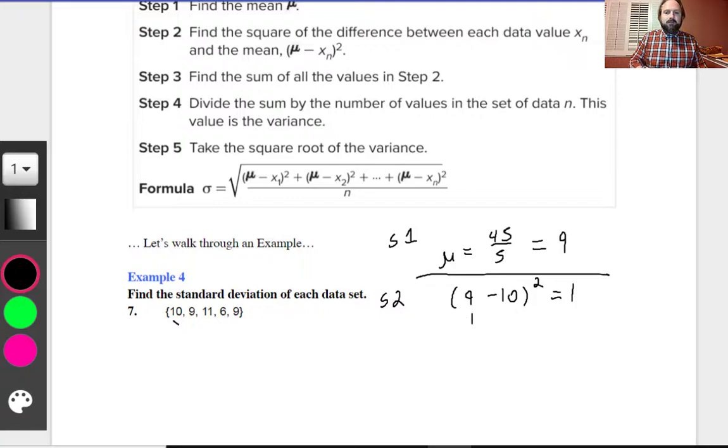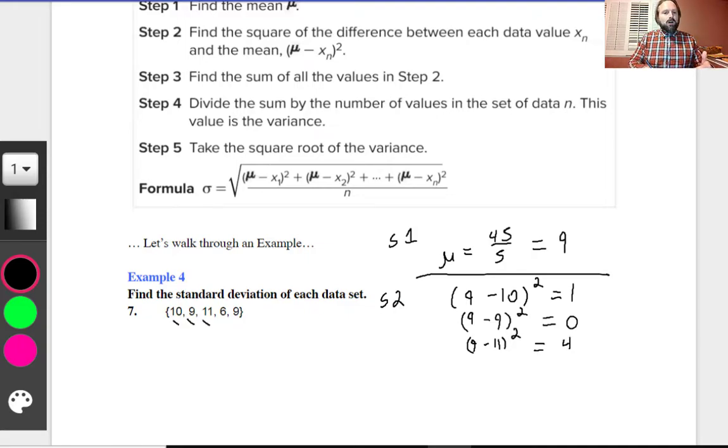Done. Next one. 9 minus 9 squared equals 0, because 0 times 0 is 0, okay? Done. Now 9 minus 11 squared, which is negative 2 times negative 2 is 4.